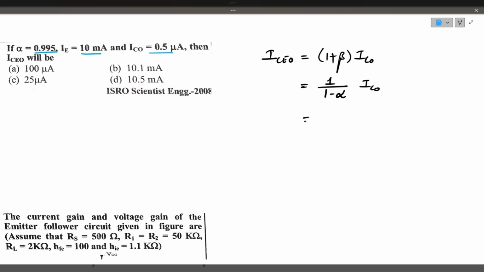So ICEO can be written as 1 divided by 1 minus 0.995 multiplied by 0.5 microamps, which is 100 microamperes. So answer is option A.